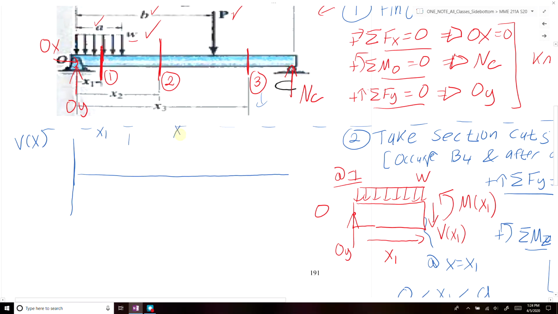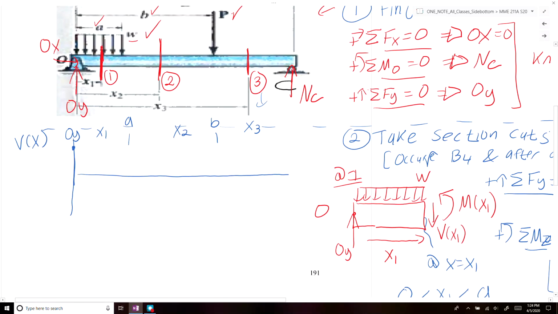We have x2, which is between point A and point B. All right, and then we have x3, which is everything after the applied load at B. So what we'll end up getting here is we'll have O of y. All right, so at x equal to 0, we have O of y.